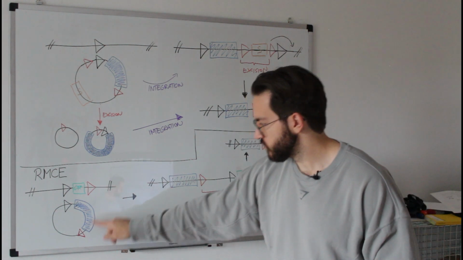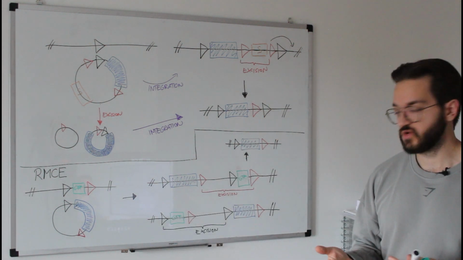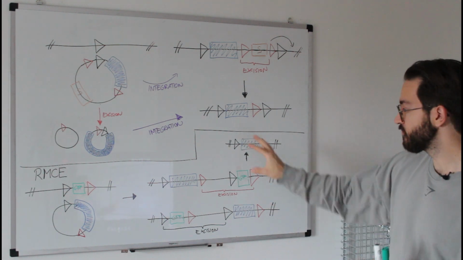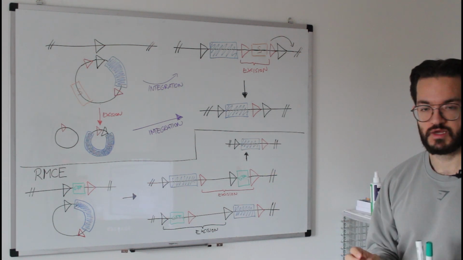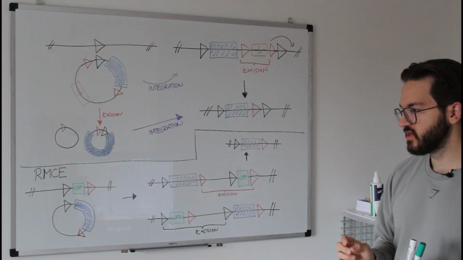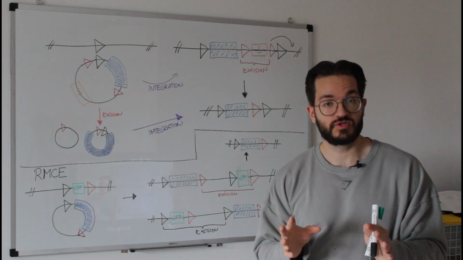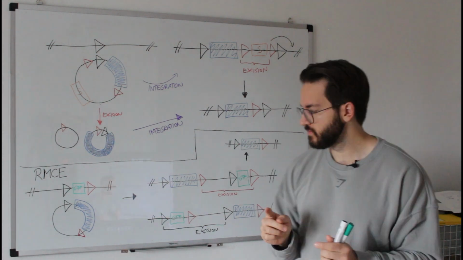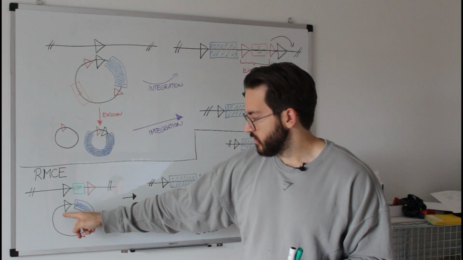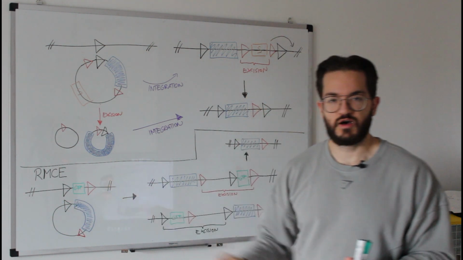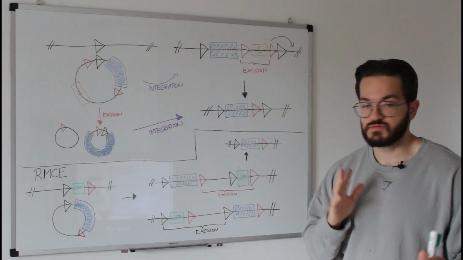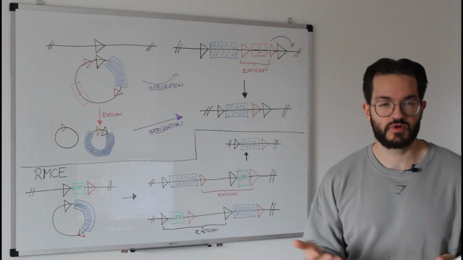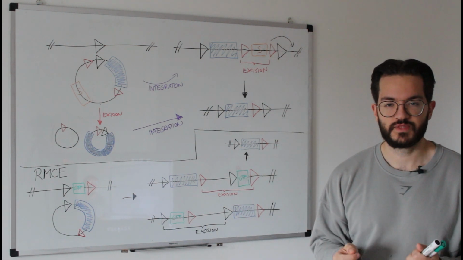Now the red ones are taking over the integration, and the black ones take over the excision, and the end product is, however, the same. So this is not only not a disadvantage, it's actually an advantage, because we talked about integration being the rate limiting step, but now we have two possibilities of integration, and it doesn't matter which one happens. And this means that we would increase the probability of integration happening.